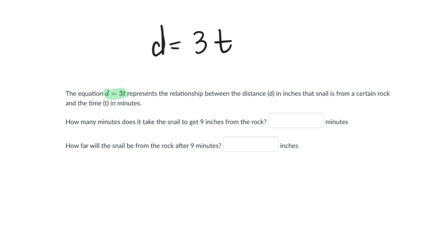The d represents the distance, and that equals 3 times our time. So we can use this formula to find different components of the problem or the situation. The first question asks us to say, how many minutes does it take the snail to get 9 inches from the rock?